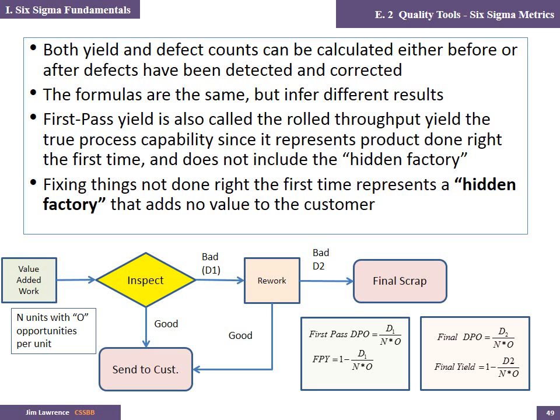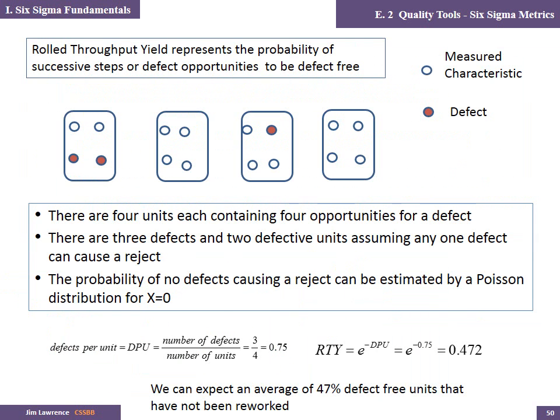Fixing things not done right the first time represents a hidden factory that adds no value to the customer. So we see here in this process that first pass yield are those defects rate found in the first pass. The final pass yield would include those that were repaired and eventually scrapped.